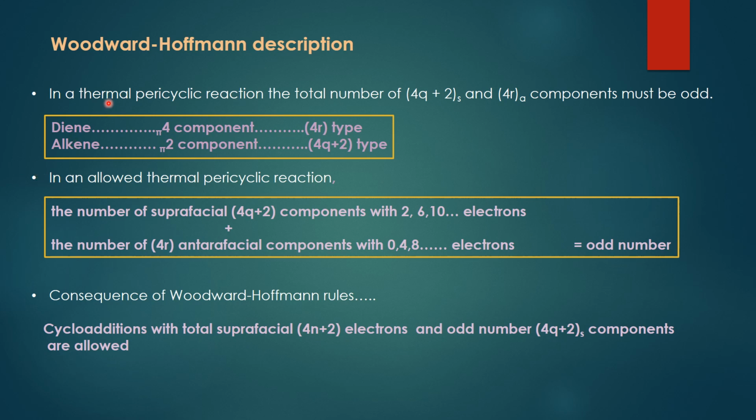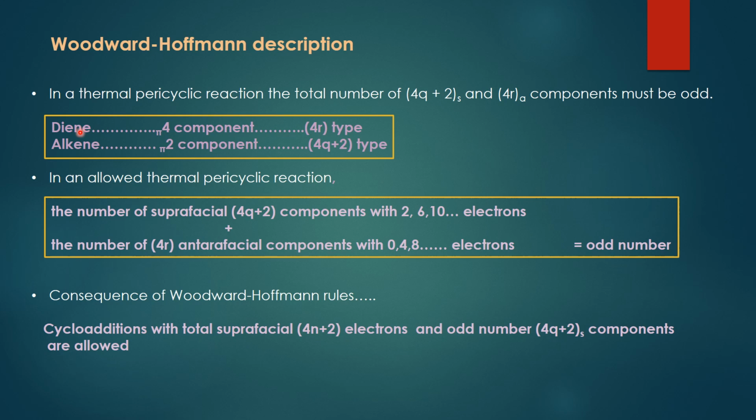As per the Woodward-Hoffmann rule, a thermal pericyclic reaction, meaning the pericyclic reaction which is favored by thermal condition, is allowed when the total number of 4Q plus 2 suprafacial components and 4R antarafacial components must be odd.